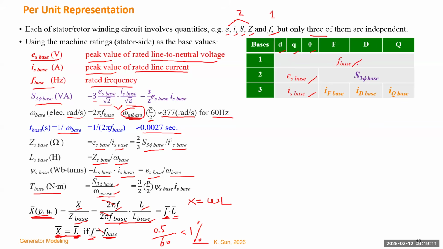So for rotor, we use the same frequency base, and also we use the power base. And we still need to define the current base for each winding in rotor.